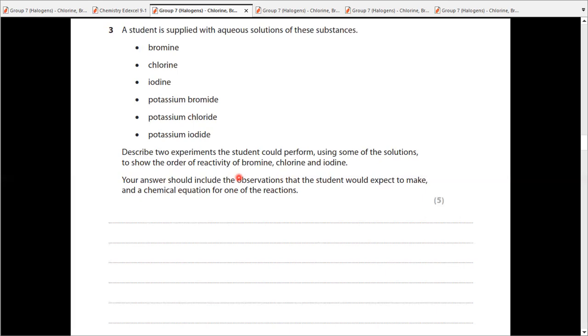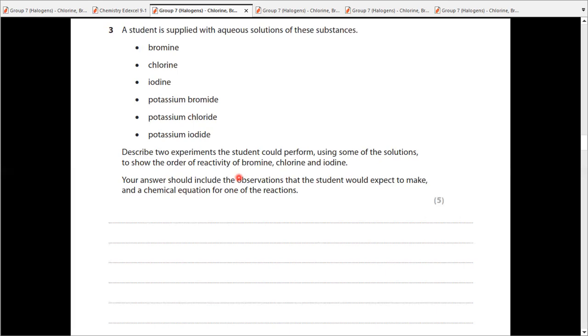Sir, what about chlorine and potassium iodide? Perfect. That's one example. What would happen? Chlorine would displace iodide, forming potassium chloride, which will be KCl.